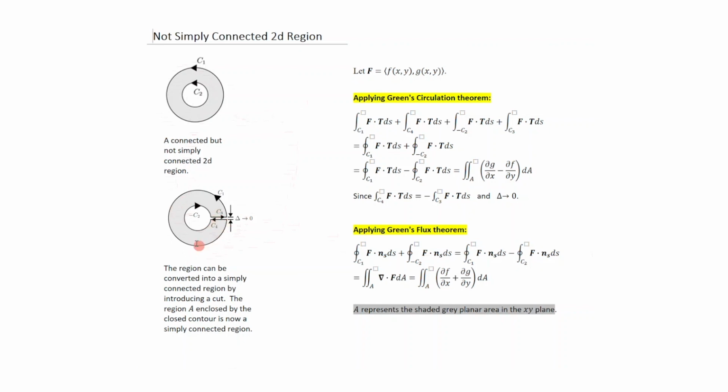And so now you want to figure out what Green's circulation theorem and Green's flux theorem look like when we introduce this cut. That means that a closed contour here will have 4 contributions. As shown here, this is for Green's circulation theorem. So the contributions of C1, C4, minus C2, and C3. Again, minus C2 just means you're moving in a clockwise direction versus a counterclockwise direction.